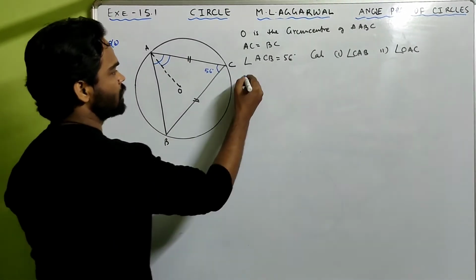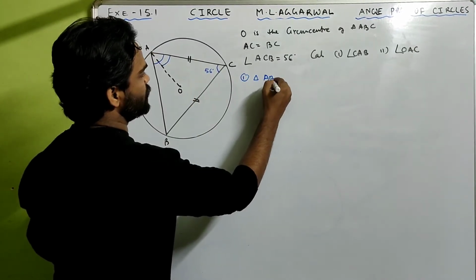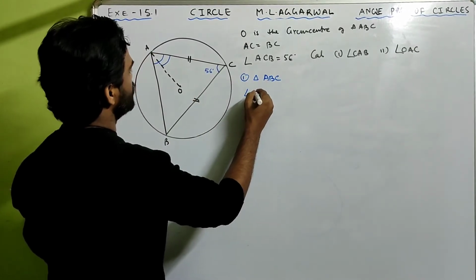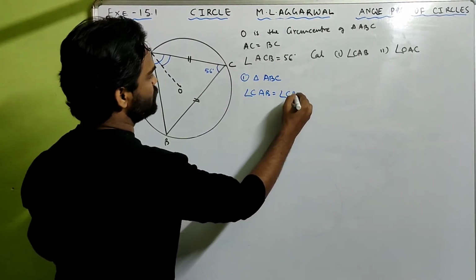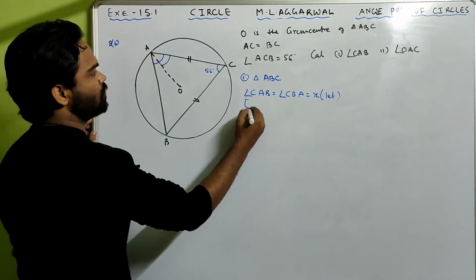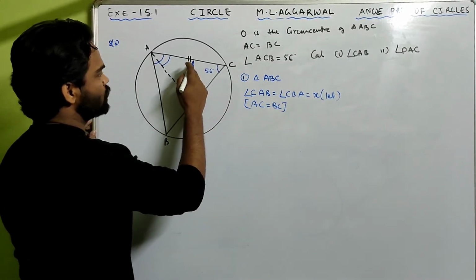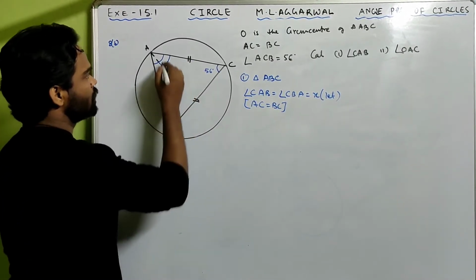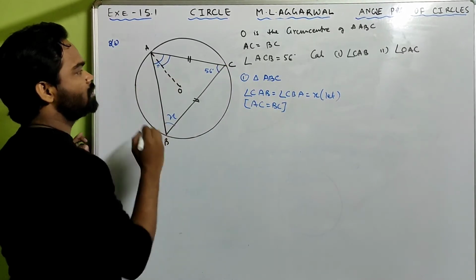The first thing, in triangle ABC, if you look, angle CAB will be equal to CBA. Suppose X. Why? Because it's an isosceles triangle. Look over here, AC and BC are equal. Opposite to AC, you have angle B, and opposite to BC, you have angle A, isn't it?